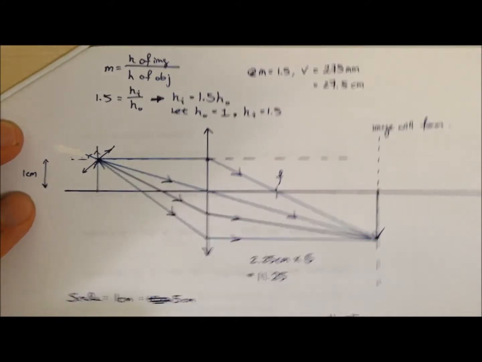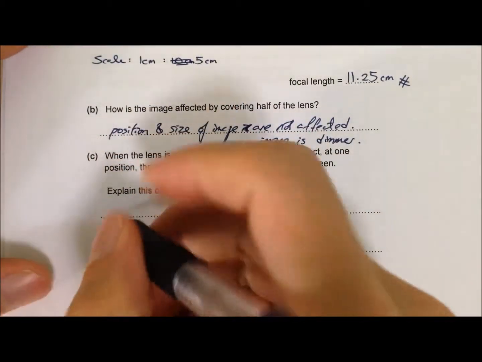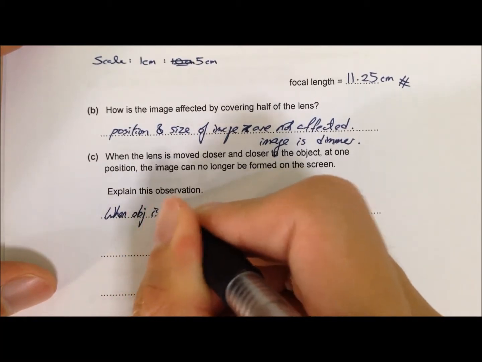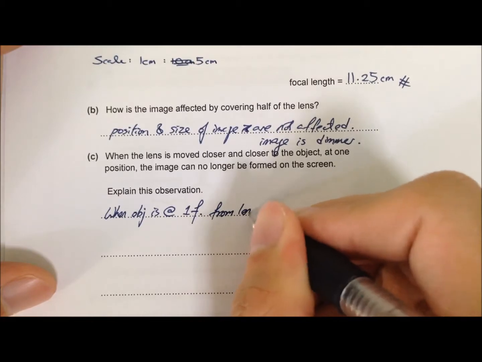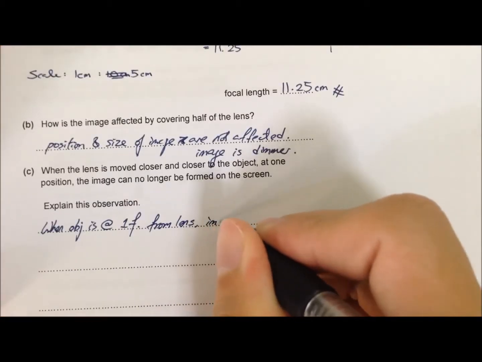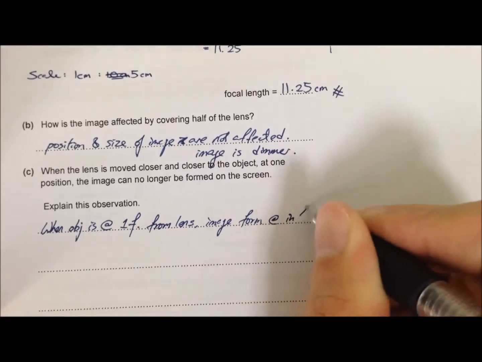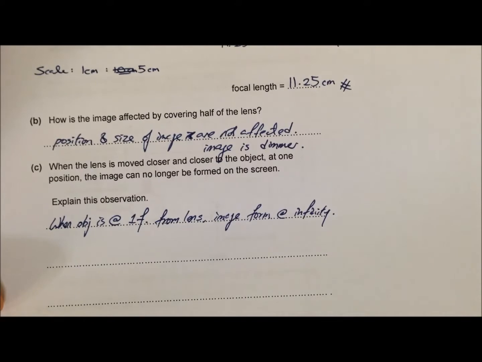So what you need to write here is very simple. When your object is at one focal length from the lens, the image formed will be at infinity. So you already lost the image.